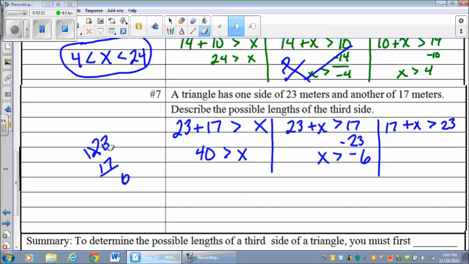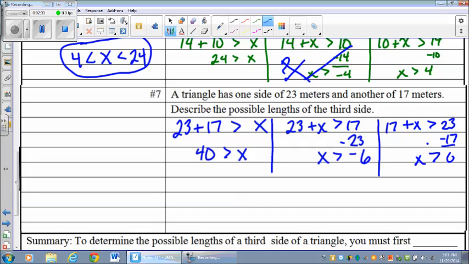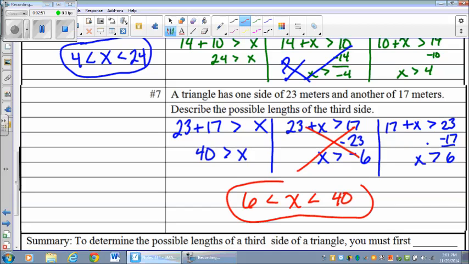So we have a negative 6 as an answer here on the middle one. And then when I subtract 17 from the other side, I get x is greater than a positive 6. So once again, this negative I cannot use. So that means my answer ranges between 40 and 6. So there's my 40. My x is in the middle. That means it's less than 40, but greater than 6 will be my answer for the possible side lengths of the third side, the range between these two numbers.